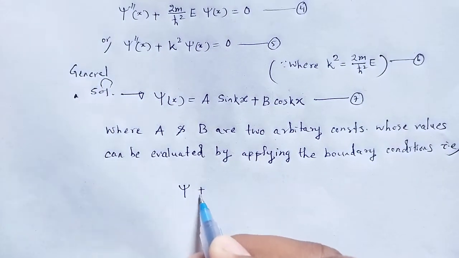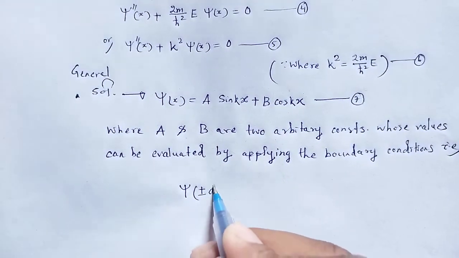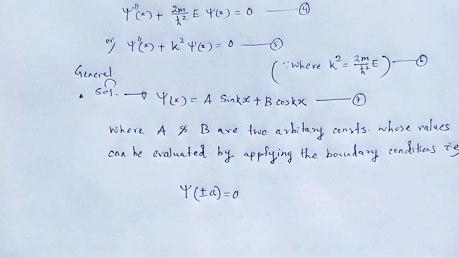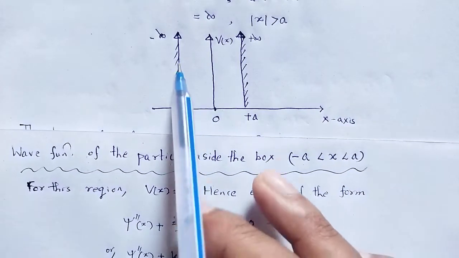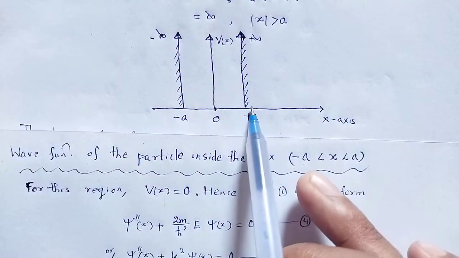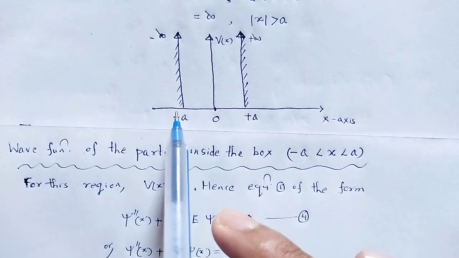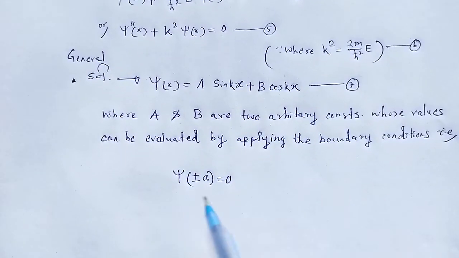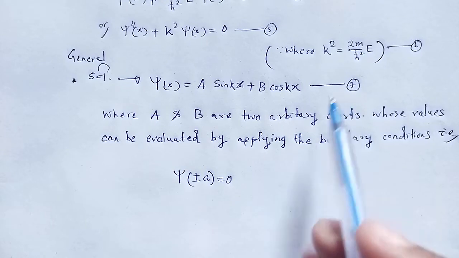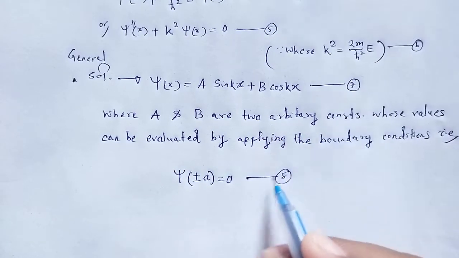psi at plus minus a is equal to 0, which means at that point psi will be 0. This is the boundary condition. When we put that boundary condition in the respective equation, what do we have?